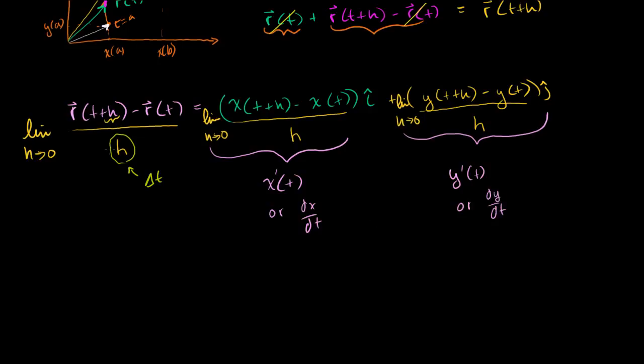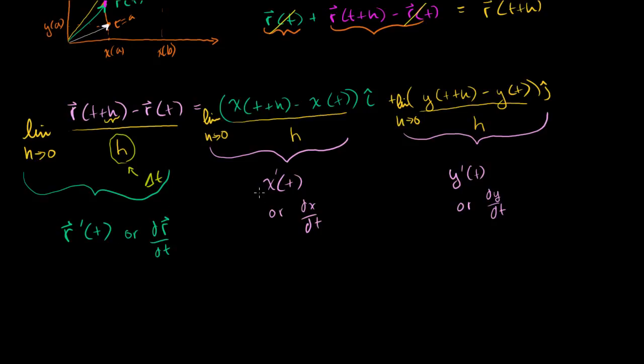So all of a sudden we can say, and I'm being a little hand wavy here, but I want to give you the intuition more than anything, we can call this expression the derivative of my vector valued function r with respect to t, or we could call it dr/dt. Notice I keep the vector signs there.